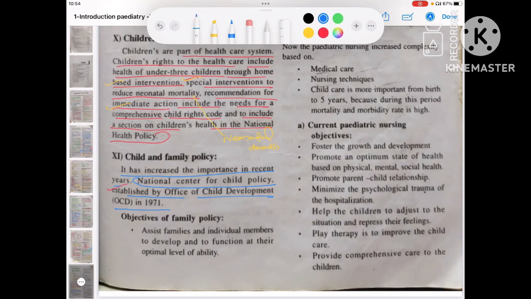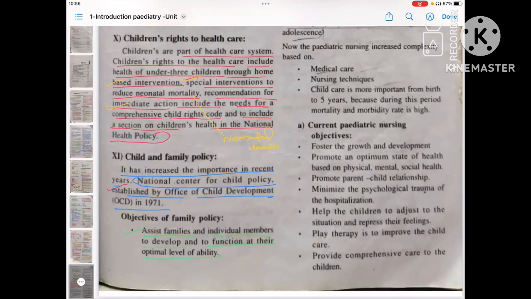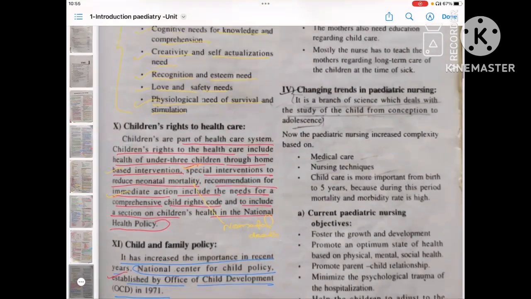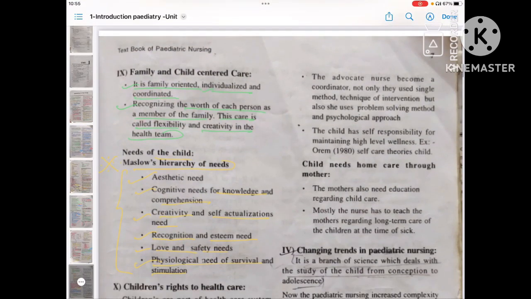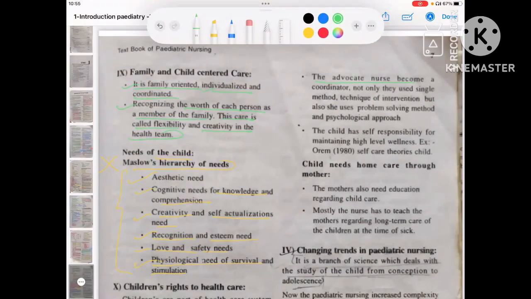So what are the objectives? What are the aims of that child-centered policy? The objective of the family policy is to assist the family and individual members to develop and function at their optimal level of ability. So we have to assist the family members and individuals like children to develop their function and optimal level of ability. And the advocate nurse becomes a coordinator.